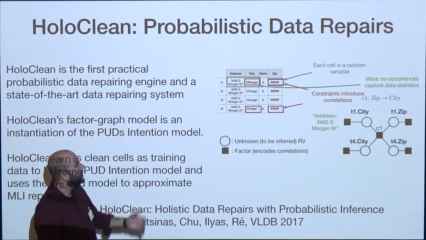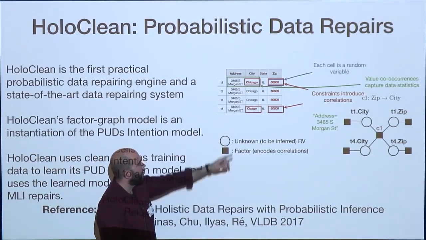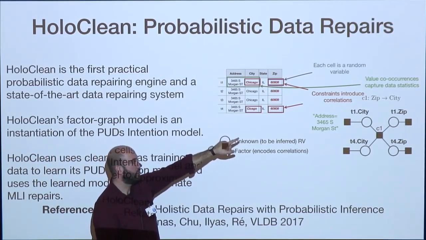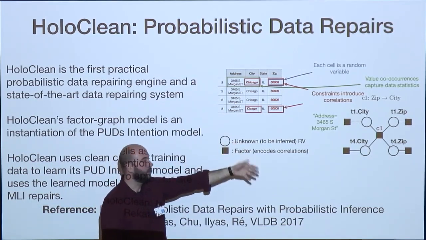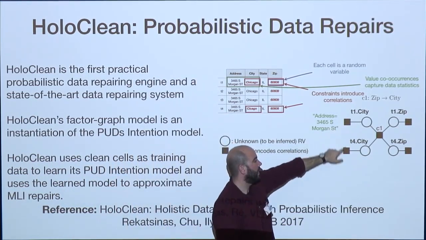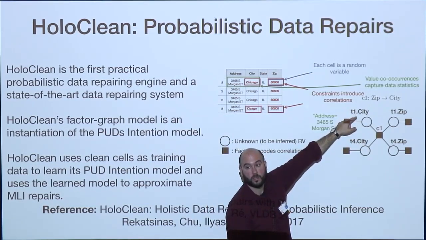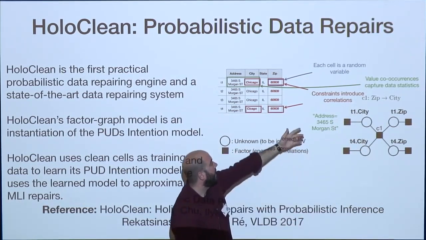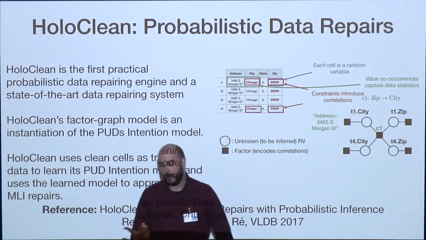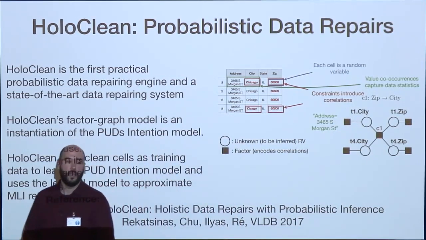In this case, for instance, I can have constraints like C1 here, which corresponds to a zip code determining the city, which couples the fields of two tuples so that they should be in agreement with respect to this constraint. Or in other cases, I should respect the natural co-occurrences that are happening in the data set.